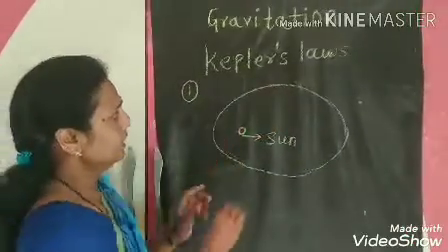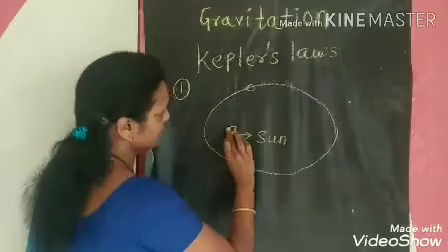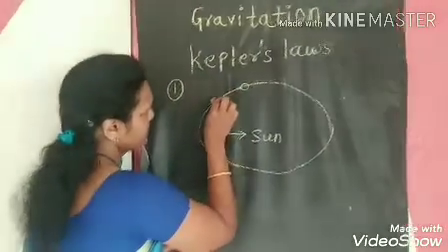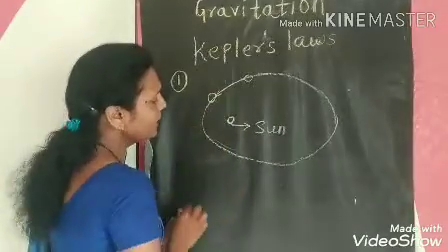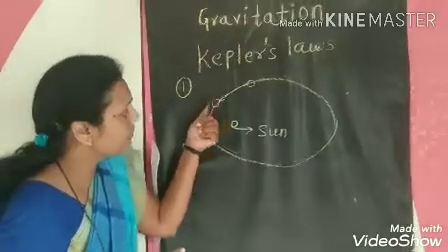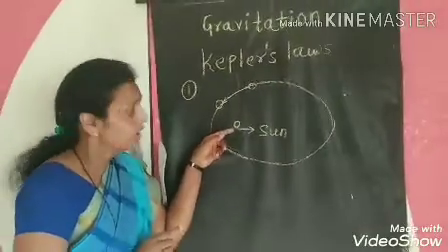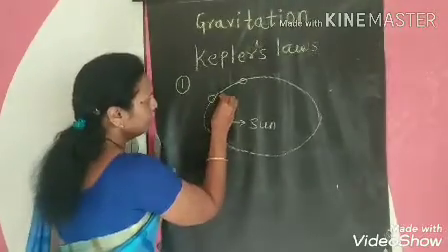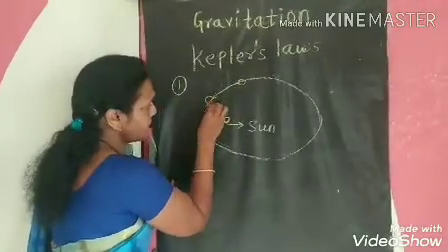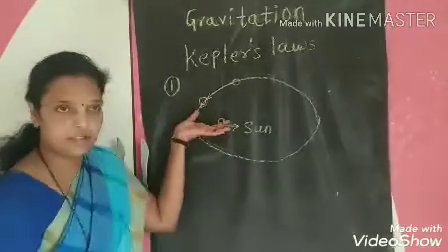Whenever any planet comes near the sun, what will happen? The speed or velocity of this planet will be maximum because the sun is near to the planet. The velocity of that planet increases whenever it is nearest to the sun.